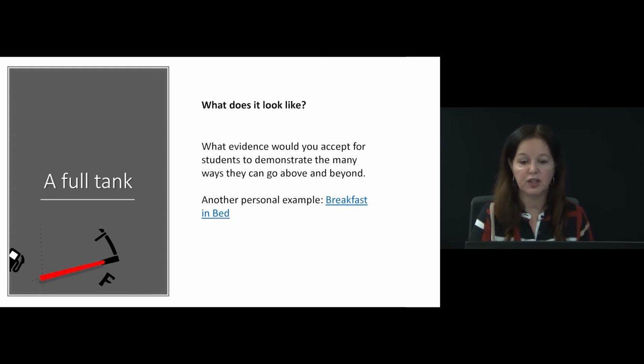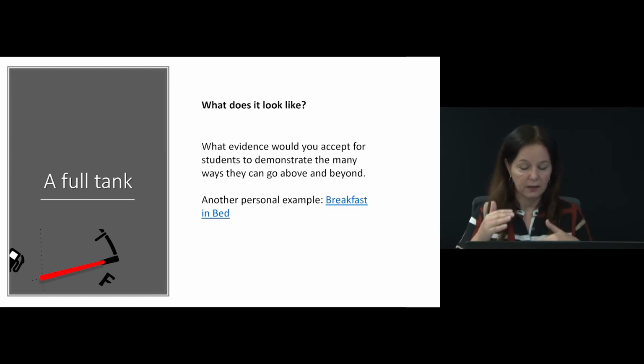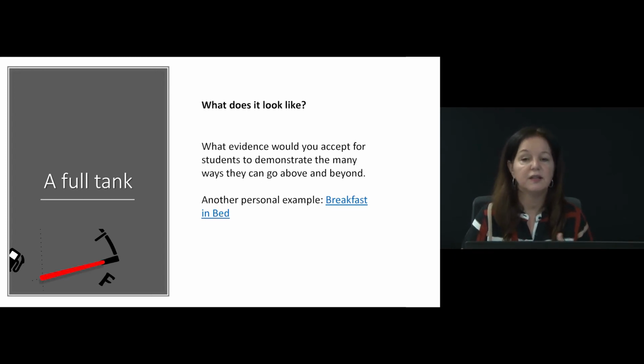They met the proficiency mark, but they gave you something else. And this something else can be their personal approach to the topic, new connections they made, details, and the way they connected their argument. There's many ways your students go beyond.